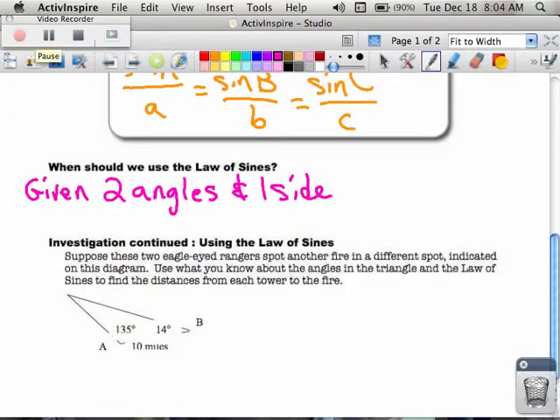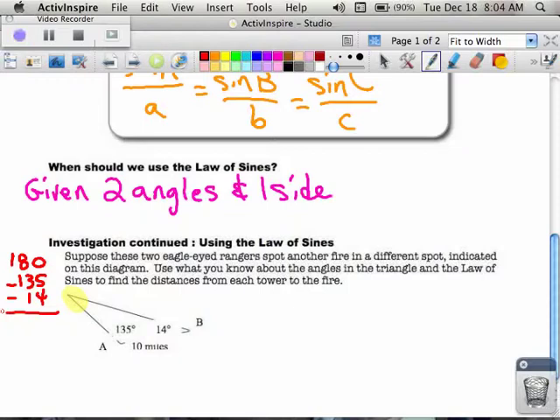So in this first example, I'm just going to show you how to find the different pieces in this triangle. First of all, we know that in any triangle, all of the angles add up to 180. So I could find this last angle quite easily by taking 180 and subtracting off the 135 and subtracting off the 14.